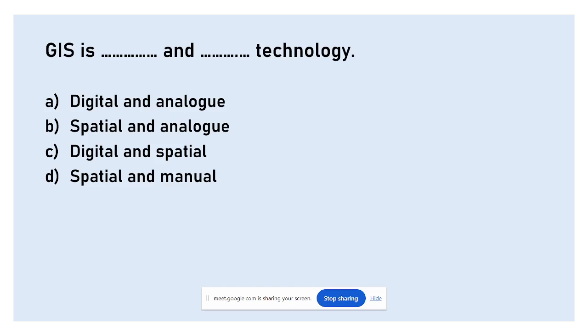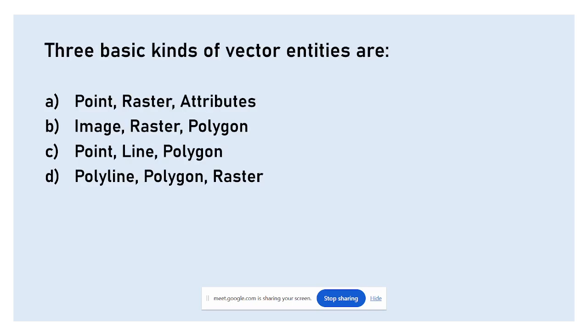Any idea? Okay, so the answer is digital and spatial. GIS is a digital and spatial technology. It digitizes the information that you give based on the spatial distribution or the location information.